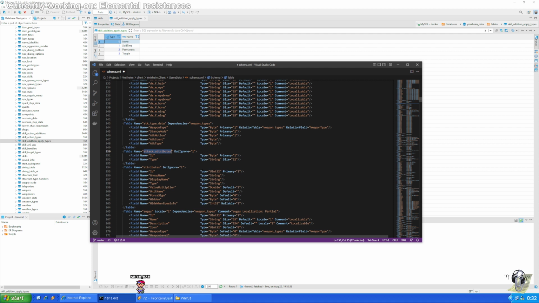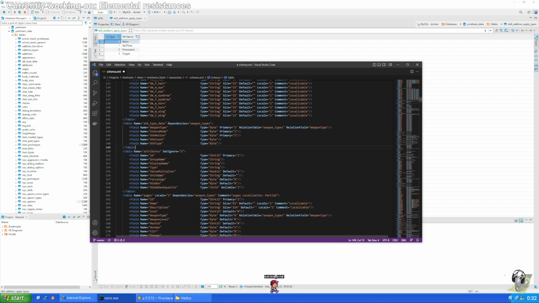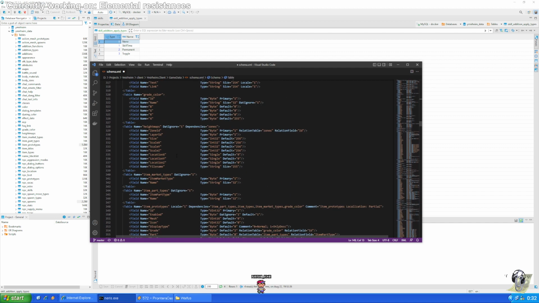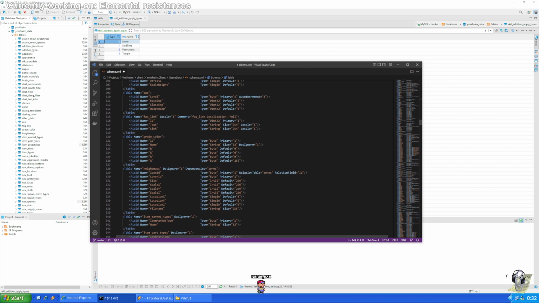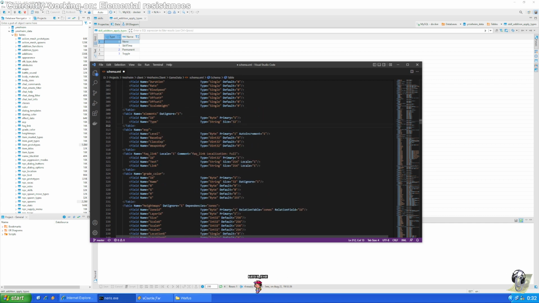Or not attack attributes, maybe elements. Yeah, elements, and let's place it. Here we have the exp table. It's gonna be right here. ID and name.